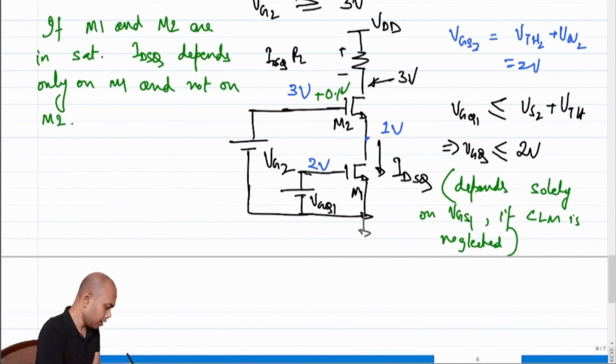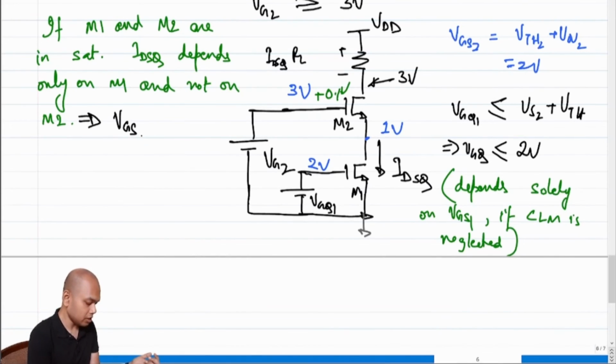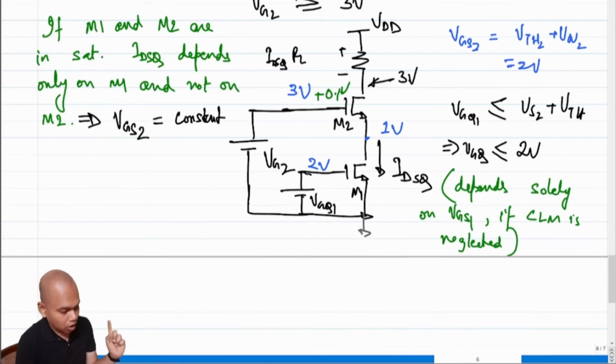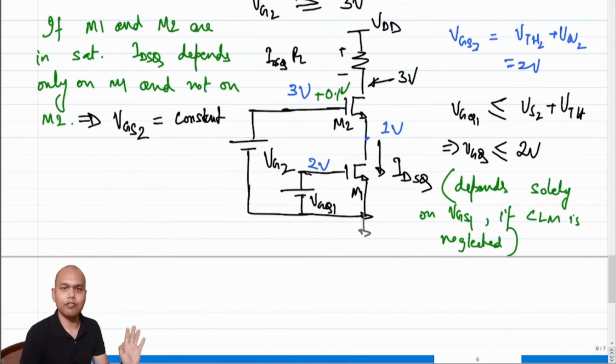Since it only depends on M1 and not on M2, what is the implication? The implication is VGS of M2, that is VGS2, is constant. VGS2 does not change even if you change the gate voltage of M2, right?